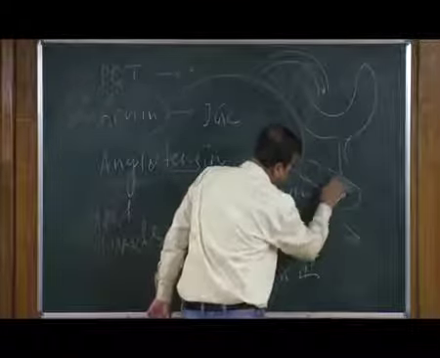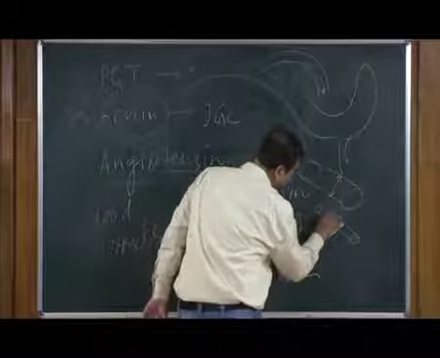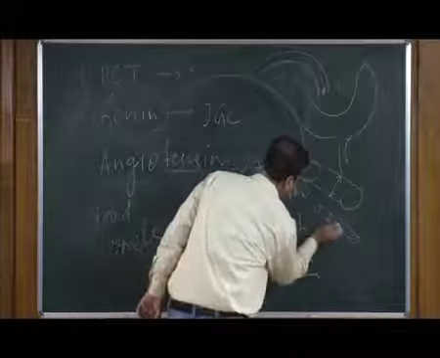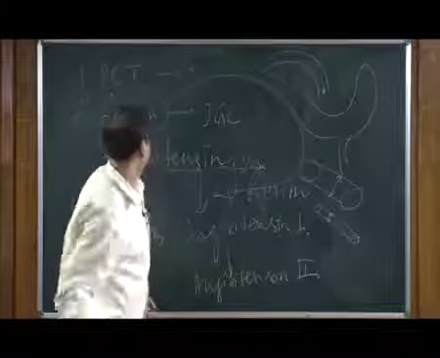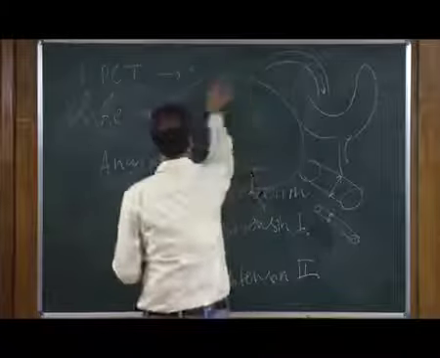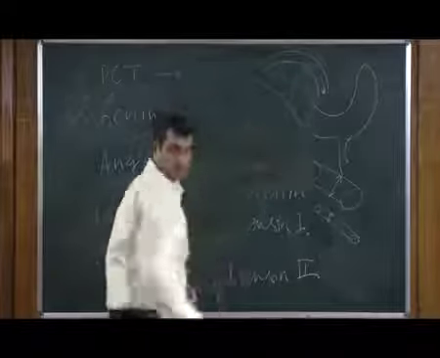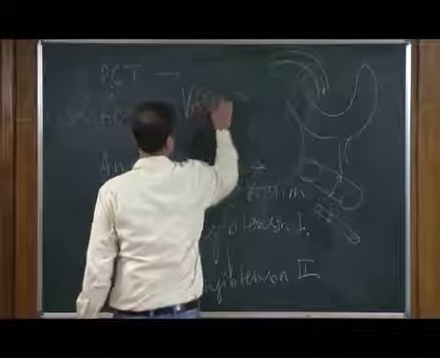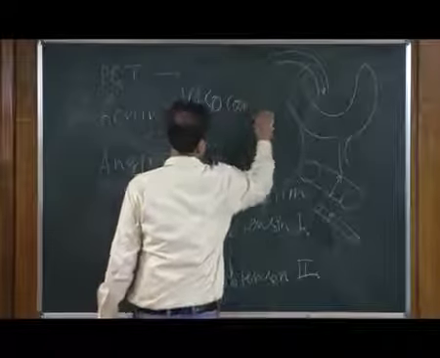So the diameter of this blood vessel will decrease, and this process is called vasoconstriction. We will write it here. The process is called vasoconstriction.